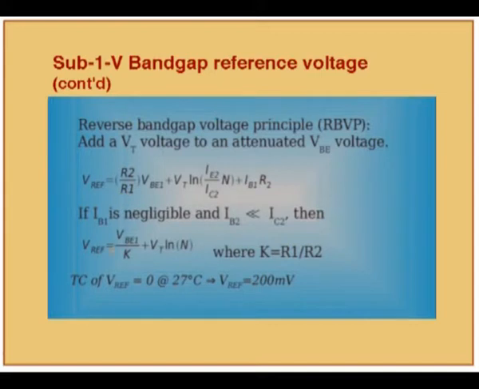So now if you look, our reference will be an attenuated VBE plus VT ln N. So we won't use a multiple of VT. We will use VT ln N, no multiple, just ln N, but attenuated version of VBE1. So now the reference will come down. And it is shown that that reference now will be just 200 millivolt. So this circuit can generate references with a value of 0.2 volt.